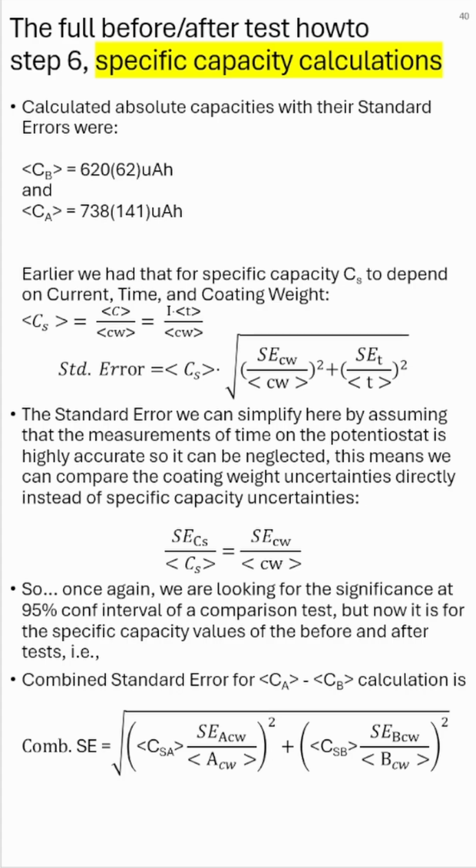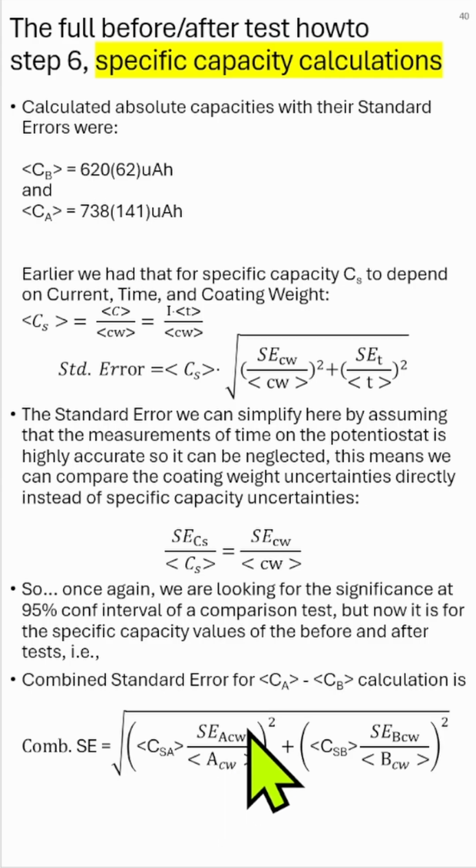So once again, we want to know the combined standard error because we want to do the comparison of specific capacity before and after, right? So the combined standard error in this case will be built from the standard error that we have for the after modification.